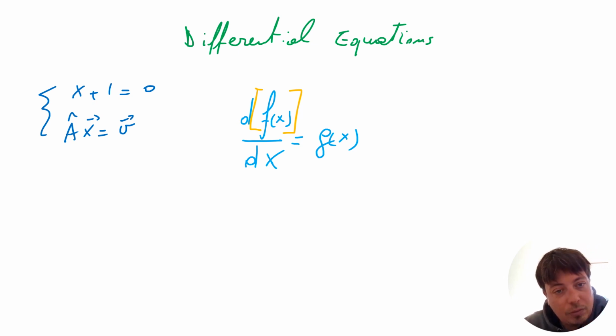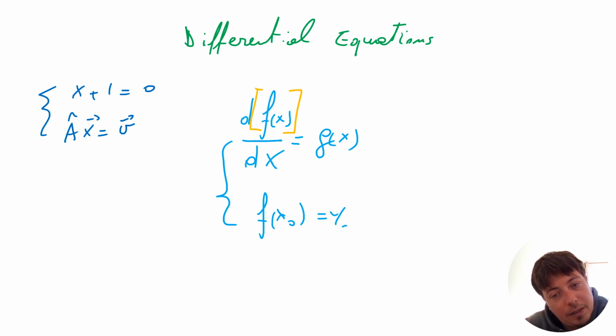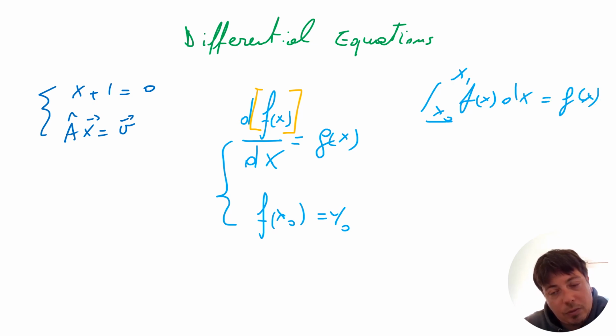The other thing that we need to remember is that a differential equation, to be solved, needs to have some properties, and we need to give the initial condition. As I said, the integral starts from one point and goes to another, and that initial condition is very important to solve the equation.